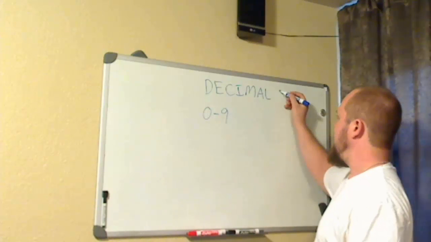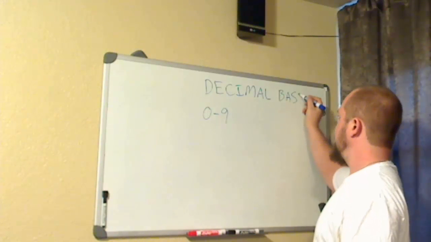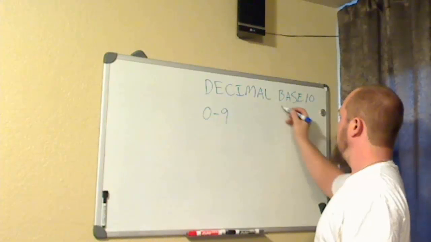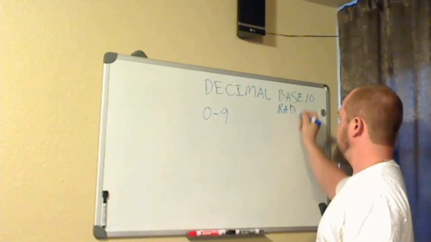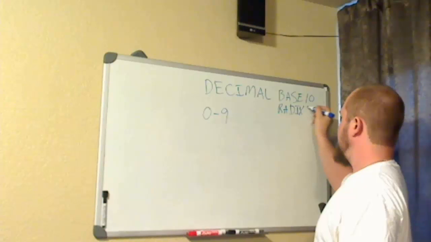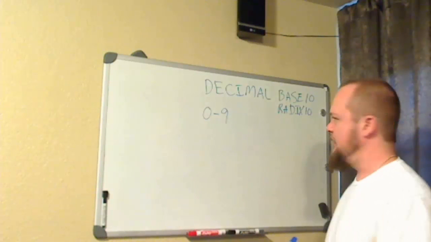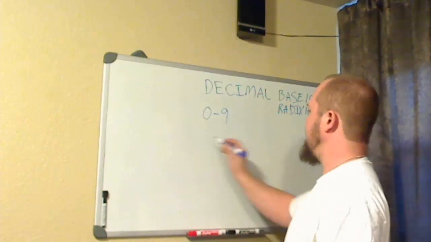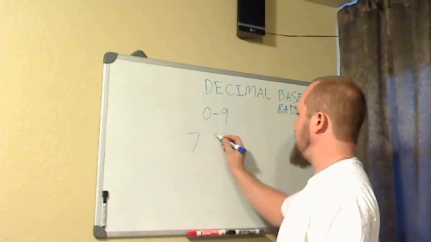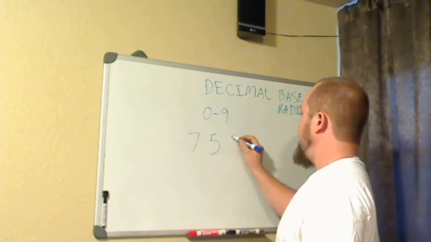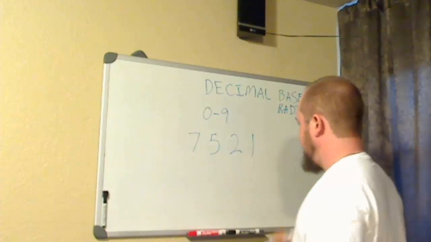Therefore, it is a base 10 or radix 10 number system. Let's go ahead and take a look at a number, 7,521.